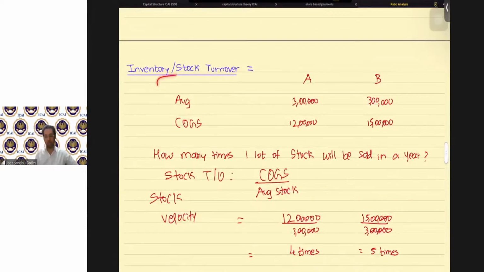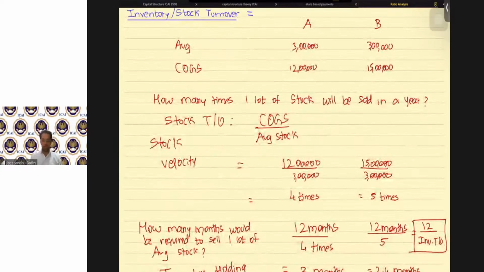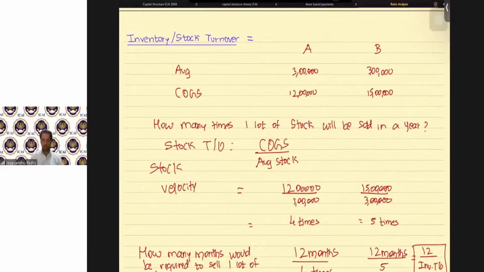Then we saw inventory or stock turnover ratio, which was also said to be the stock velocity. Now, this inventory or stock velocity is computed as cost of goods sold upon average stock, which simply tells us how many times one lot of stock was sold. Like in case of company A, it was 3 lakh the average stock on a COGS of 12 lakh.